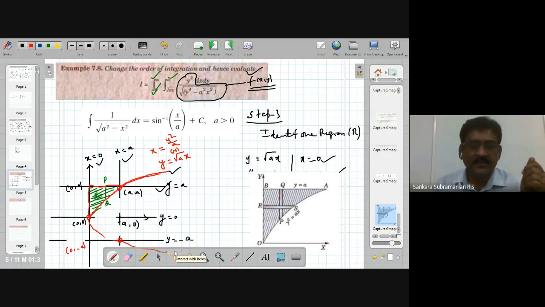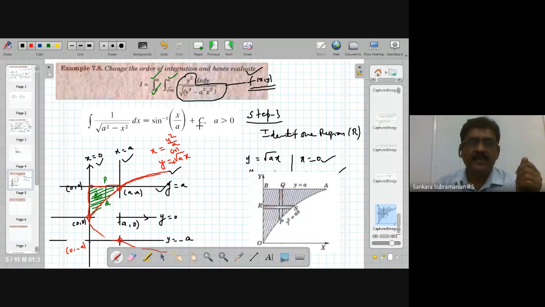This is actually minus, this is plus root of ax. இந்த சைடு கீழே வர்ற இந்த கர்வ் வந்து இந்த சைடு வந்து minus root of ax. But the given problemல வந்து சூட் பண்ற மாதிரி இருந்துச்சுன்னா this is the region of integration.